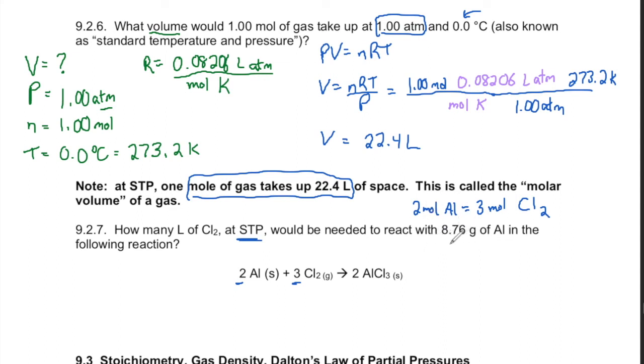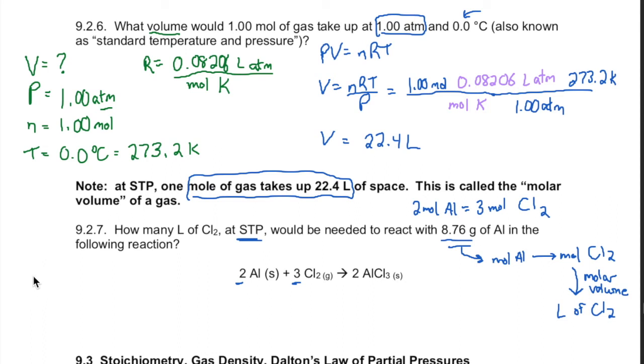So it looks like our game plan is to get from this 8.76 grams of aluminum to moles of aluminum. Then we can convert that to moles of chlorine because we have that relationship told to us by the coefficients. And then we're going to take the moles of chlorine and figure out how many liters of chlorine we have. For that, we're going to use the molar volume, the fact that a mole of gas is about 22.4 liters.